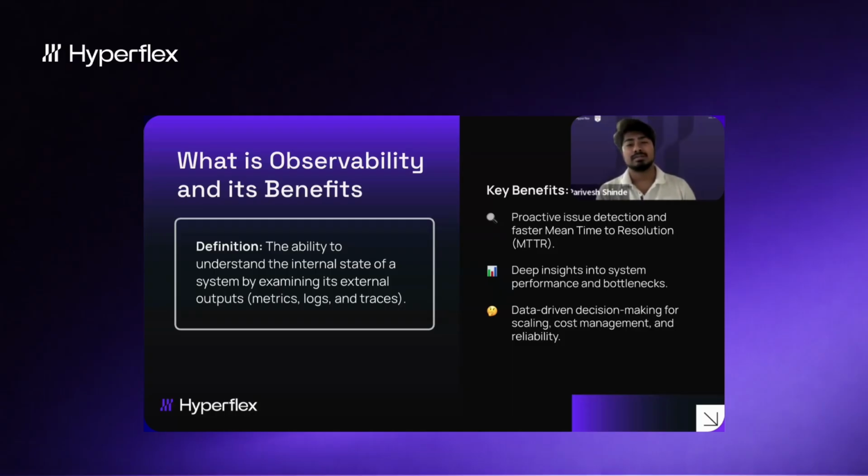But why this is very critical is because it can help you predict and take proactive actions before any fatal effect hits your system or your apps. Also, observability provides deep insight into your system's performance and bottlenecks, and it enables data-driven decision making. So that's why observability is important.